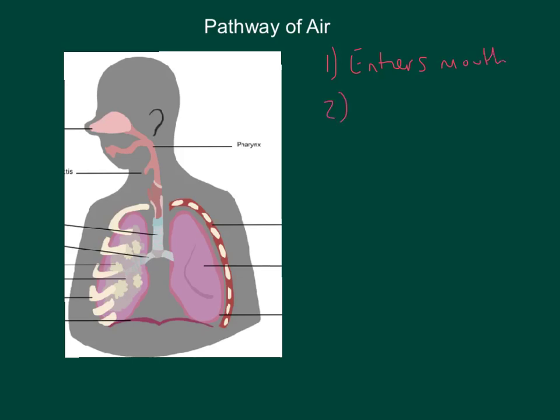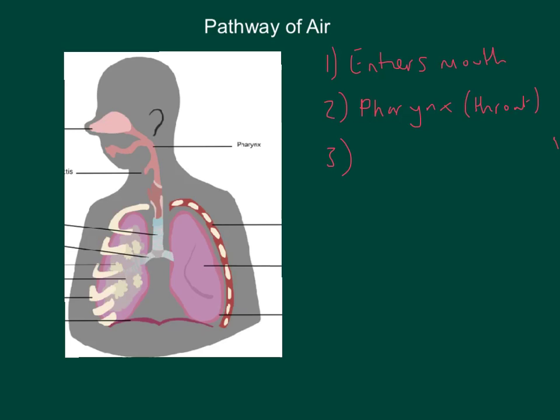Number 2, it then travels down the mouth and past the pharynx, and the pharynx is just our throat. Number 3, it then travels down our throat into our trachea, which is down here, okay, which is our windpipe.